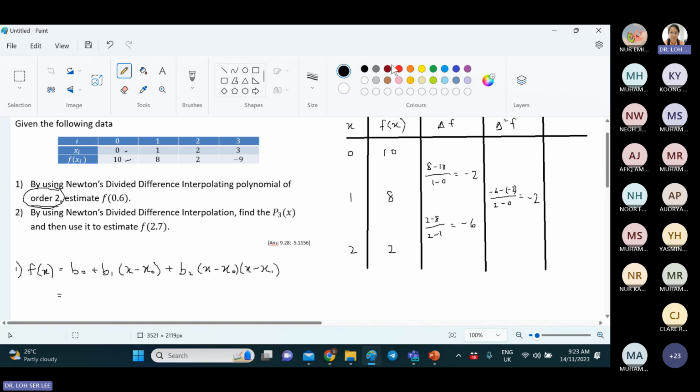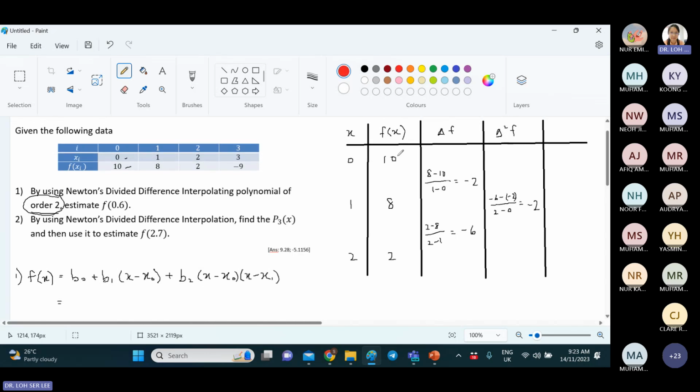Now we substitute. The first f value is your b0, this is your b1, this is your b2. So you substitute all these b into the formula here. b0 is 10, b1 is -2, and x0 is the first x, this is your x0, this is your x1.